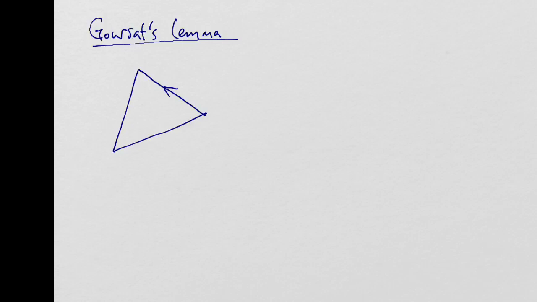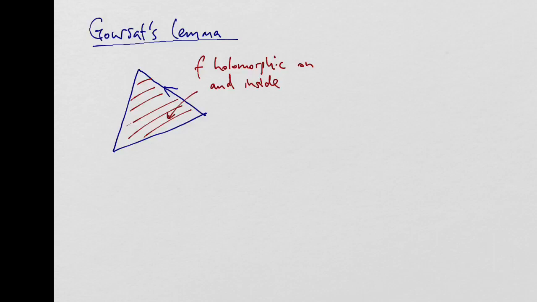And we want then to have a complex function. So we've got a function f, and we want f is holomorphic on and inside the triangle.